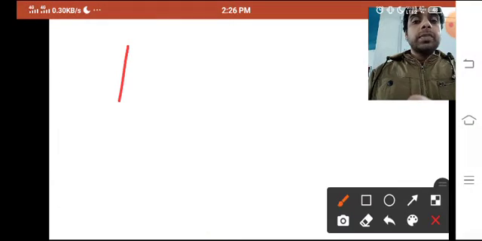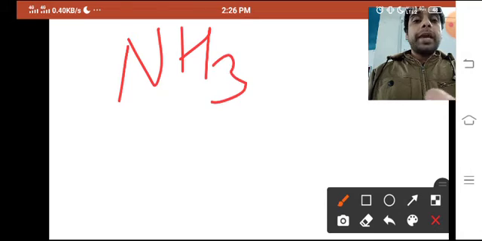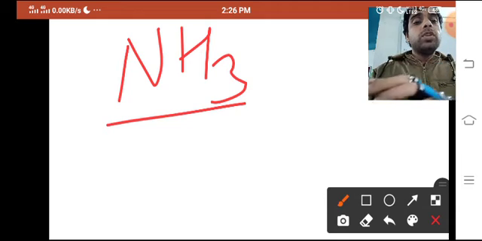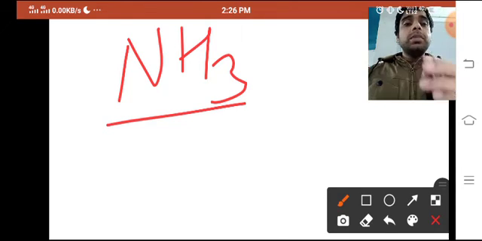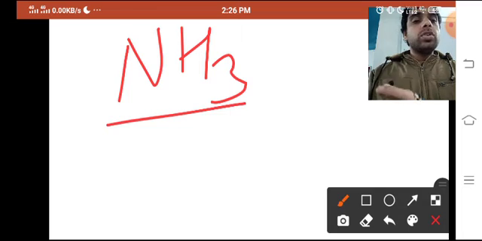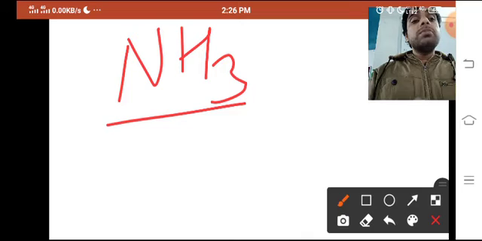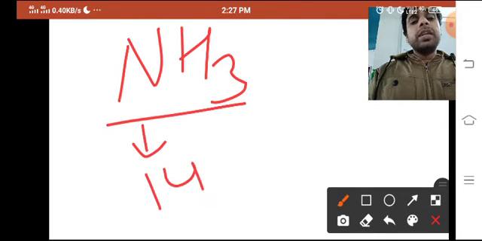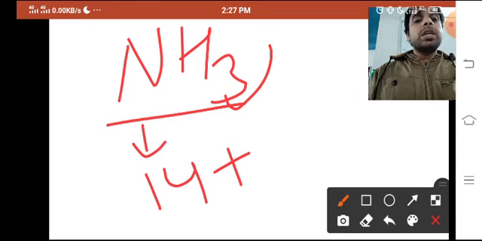Here NH3 is a molecule of a compound. As we discussed earlier, molecules of elements also exist: if the same type of atoms is there, that is a molecule of an element, and if dissimilar types of atoms are there, it is called a molecule of a compound. So NH3 is a molecule of a compound, and to find its molar mass, I simply write 14, the atomic mass of nitrogen, plus 3 into hydrogen, since the subscript is 3.